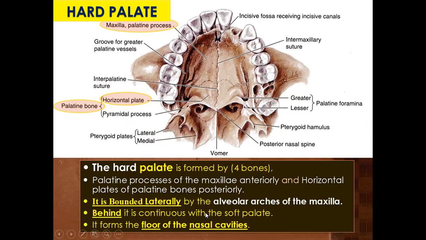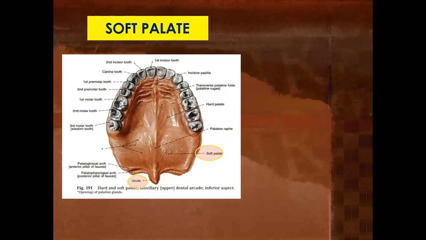Behind it, it continues with the soft palate. There is no soft palate shown right now because only the bones have been shown. This is the hard palate, and behind that, the soft palate will be attached. It is not only the roof of the oral cavity, but above that is the nose, so it also forms the floor of the nasal cavity.